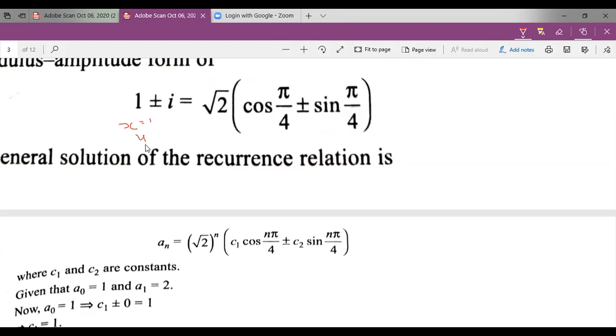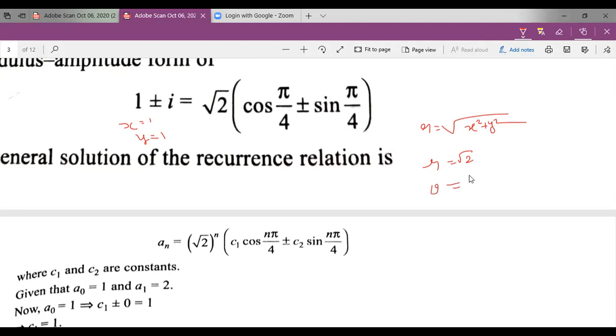The formula for r is the square root of x squared plus y squared. So r is equal to root 2. So we substitute the r value, and theta is equal to tan inverse y by x.